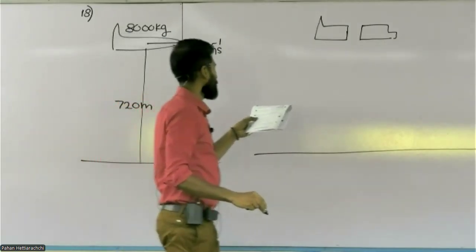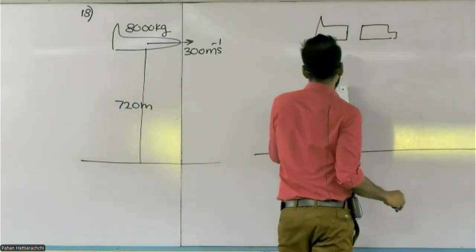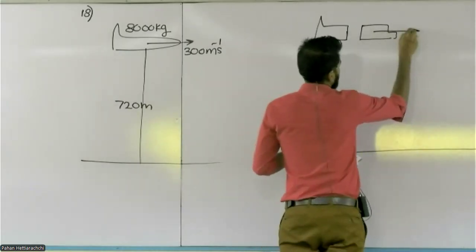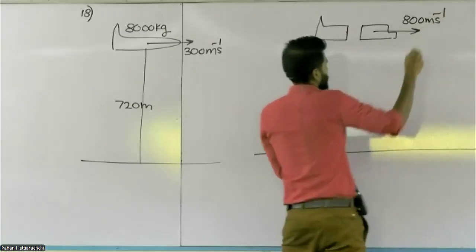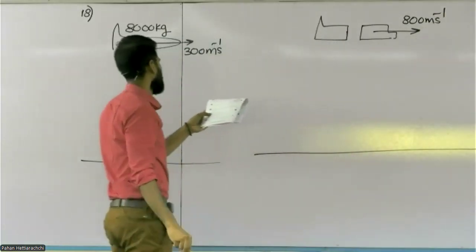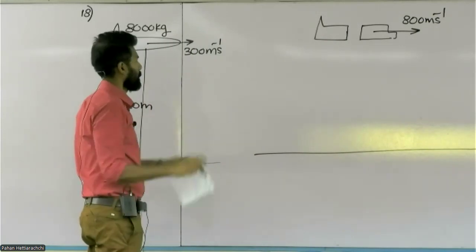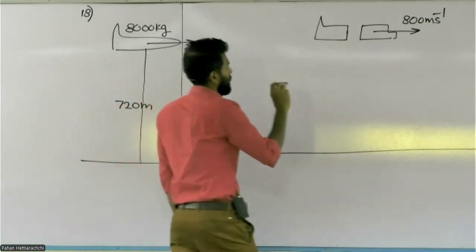One fragment moves at 800 meters per second velocity in the initial direction. So the nose has gained a velocity of 800 meters per second in the initial direction. Find the velocity of the other fragment.